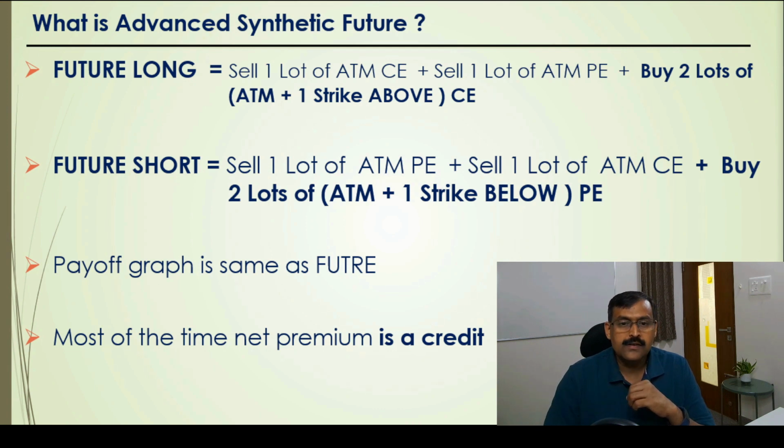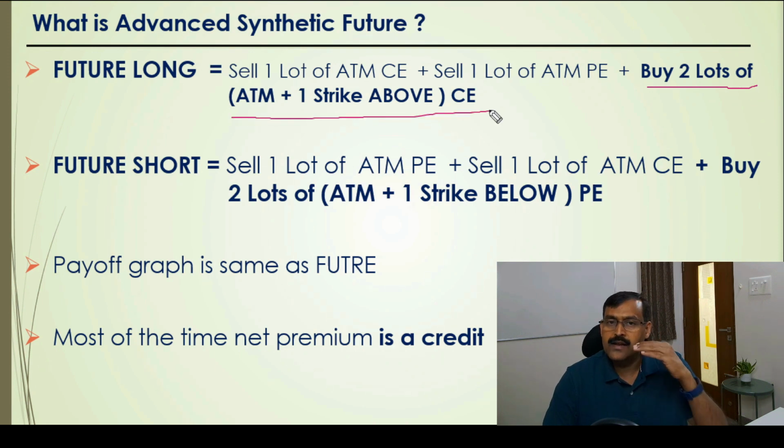For future long, you have to sell one lot of at the money call option and one lot of at the money put option. In addition to these two, you have to buy two lots of call options at one strike above the at the money strike. So it is important to note that you buy two lots of call options, just one strike above the at the money strike.